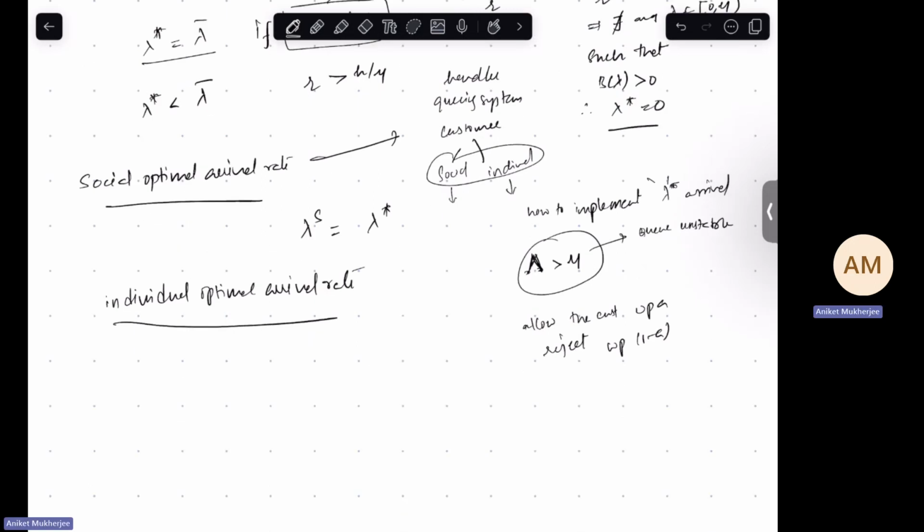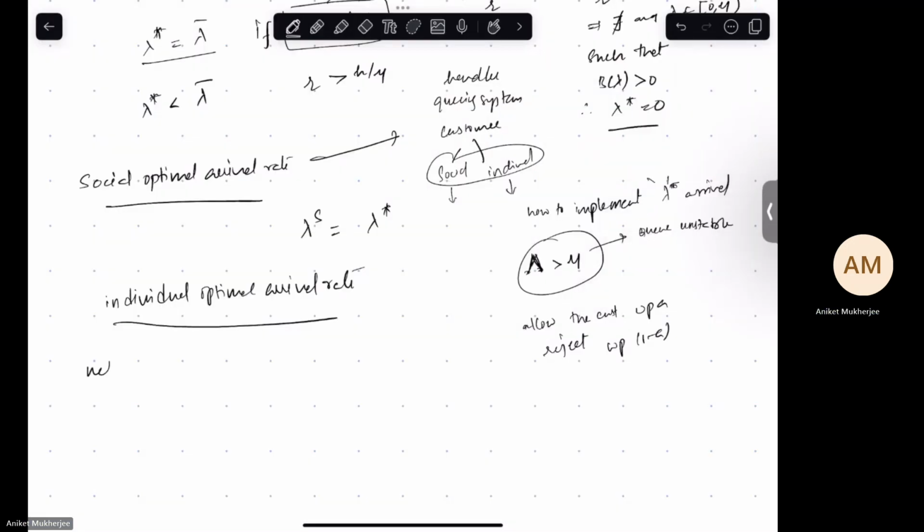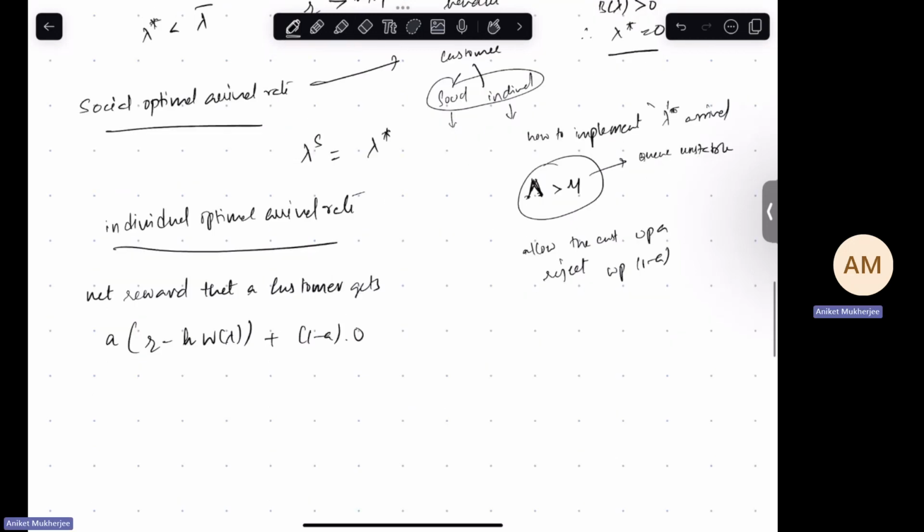In the case of an individual optimal arrival rate, the net reward that a customer gets is A into (R minus H W lambda) plus (1 minus A) into 0. So if R is greater than H W lambda, then all the customers would want to enter, which implies that A equals 1.